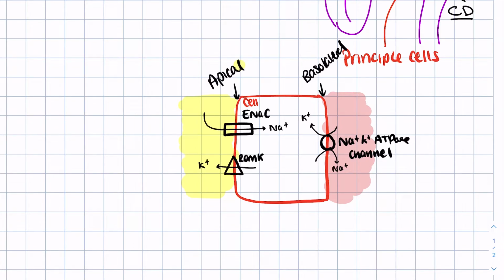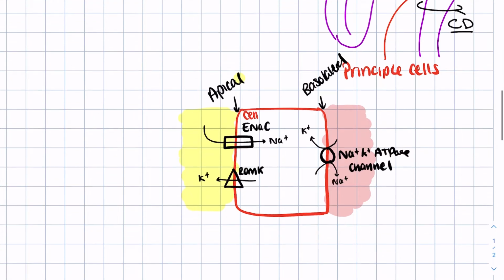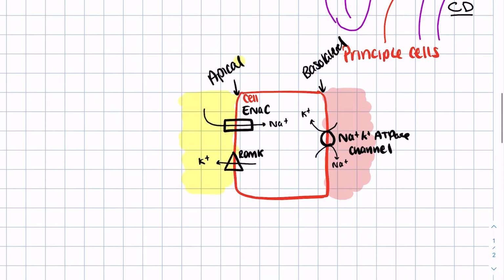So, with that in mind, going back to aldosterone, how does that influence this system here? It basically promotes it. So aldosterone causes the system to go, if I'm honest. So it promotes the pumping of the sodium-potassium ATPase, and it promotes the excretion of potassium, and it promotes the absorption of sodium via ENaC.